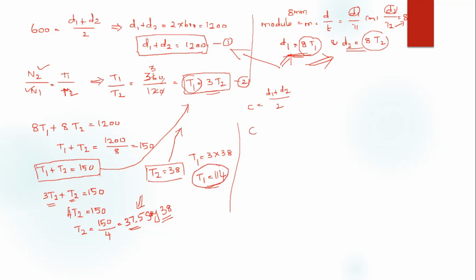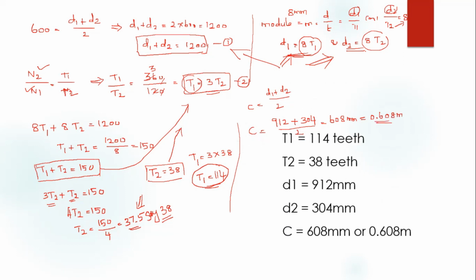So D1 equals 8 into 114, which is 912, plus D2, which is 8 into 38, equal to 304, divided by 2. So that equals 608 mm, which is 0.608 meter. That's it.